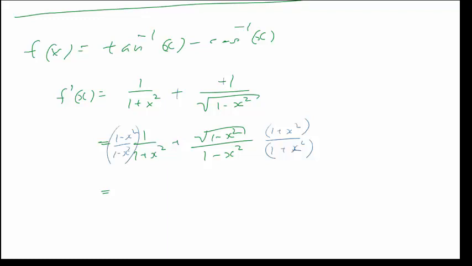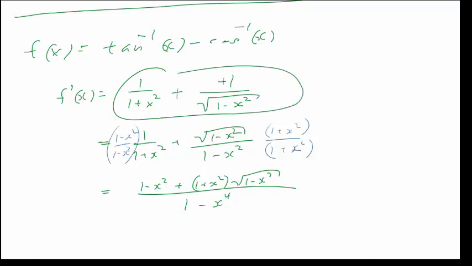Right, multiply it through, and you'll end up with 1 minus x squared plus 1 plus x squared over the square root of 1 minus x squared all over 1 minus x to the fourth. So just make sure that by the time the final comes around, you're up to manipulating equations, because we don't necessarily know how the test is going to look yet, but it'll be pretty similar to what you've seen so far. So anyways, just wanted to go over the different forms this could take.